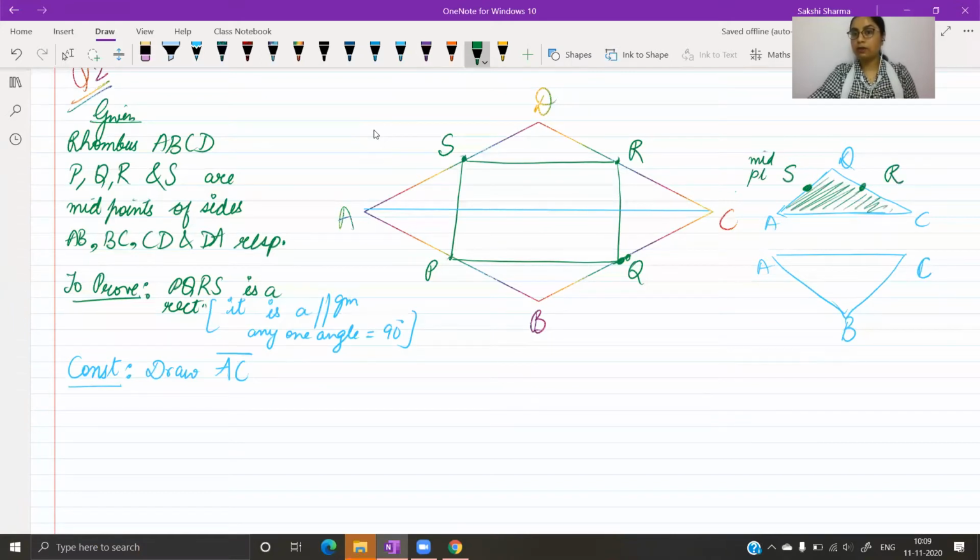Since I have midpoints of two sides, दो sides के midpoints मेरे पास हैं, इन दोनों को जब join किया जाएगा by a line segment, this line segment is supposed or it ought to be parallel to the third side. तो तीसरी साइड हमारी ये बेस वाली साइड है, SR will be parallel to this side. Also additionally SR की जो लेंथ होगी वो AC की हाफ होगी.